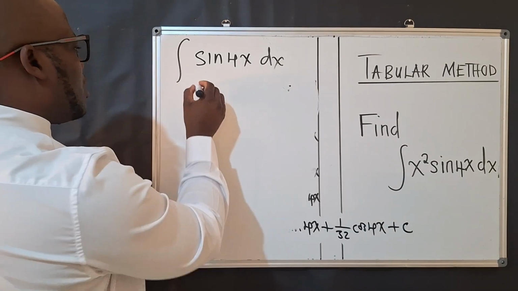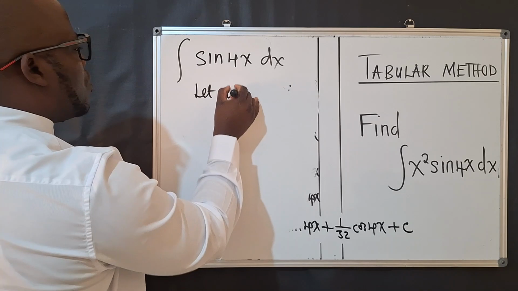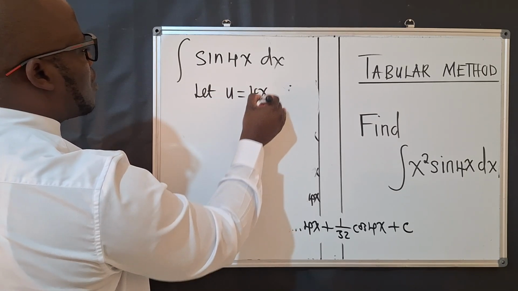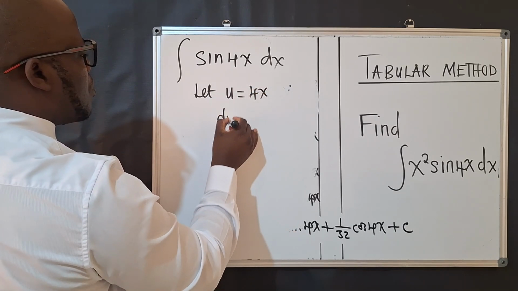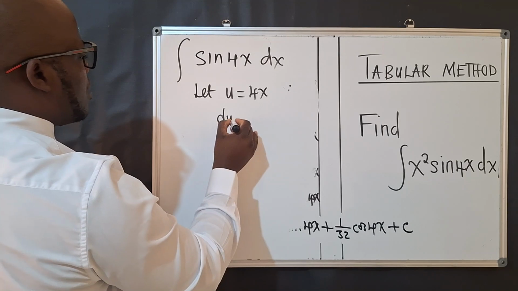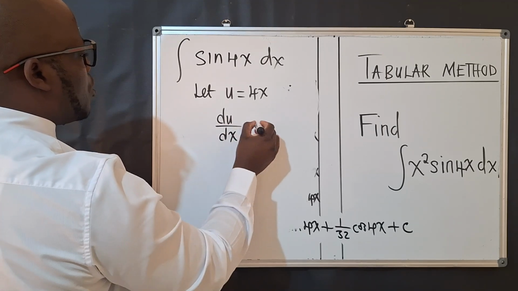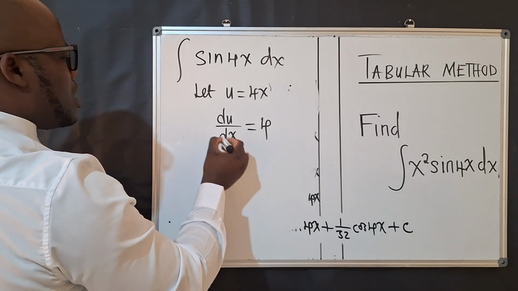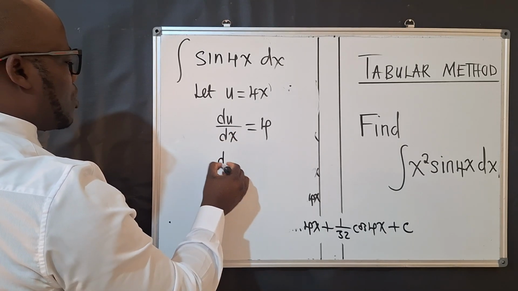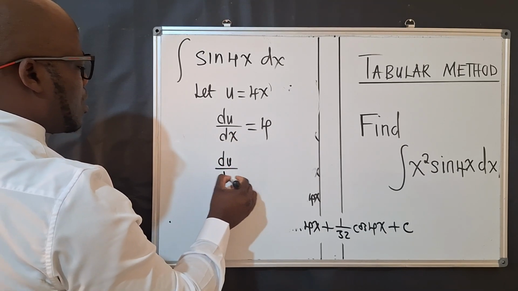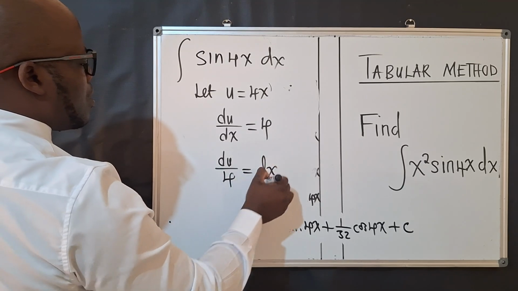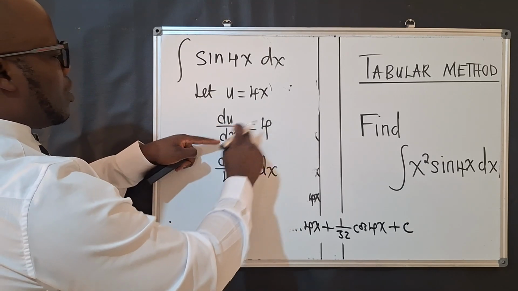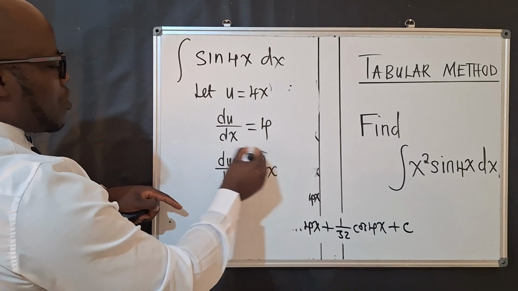So you're going to say let u be equal to 4x. Find du, so du dx will simply be equal to 4, the derivative of this. Now make dx the subject of the formula. You cross multiply, you divide by 4, and you're going to remain with what we have here.